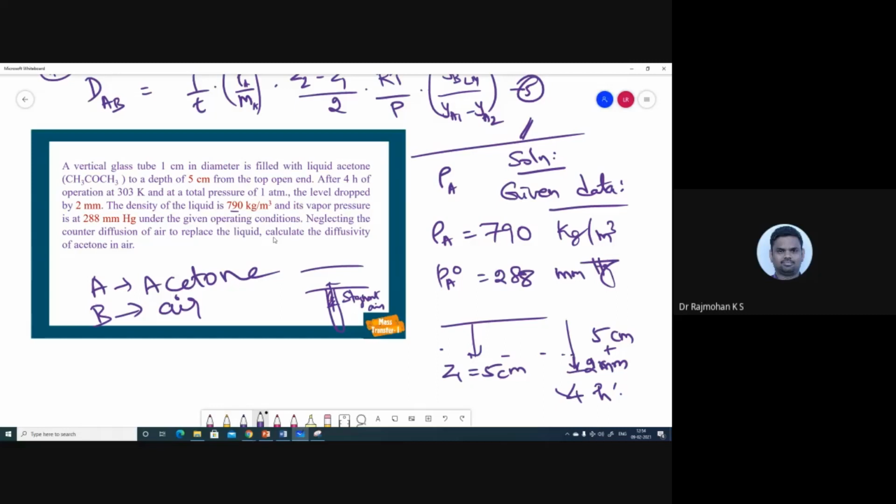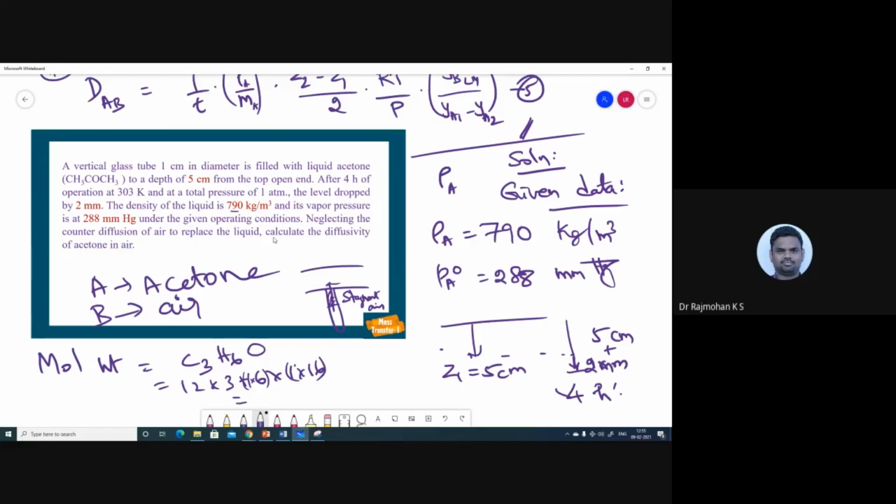Acetone molecular weight is not given, you can determine. Okay, what is molecular weight? We have C3H6O, 3 carbons, 6 hydrogen and 1 oxygen. So determine the molecular weight: 12 into 3 plus 1 into 6 plus 16 into 1.